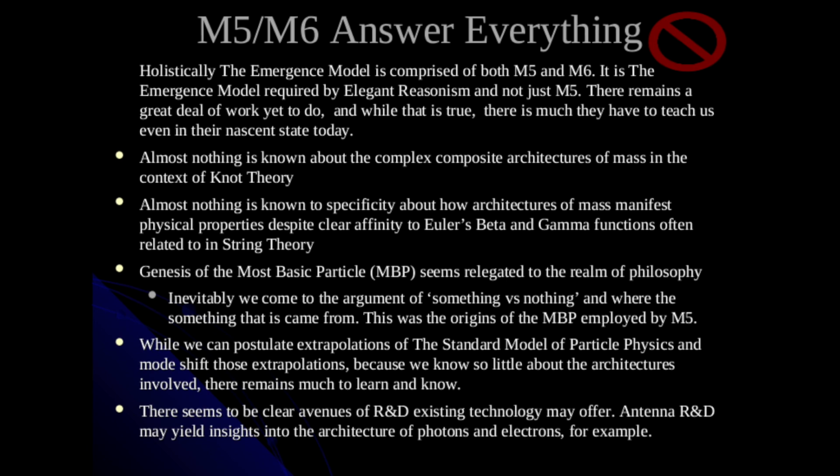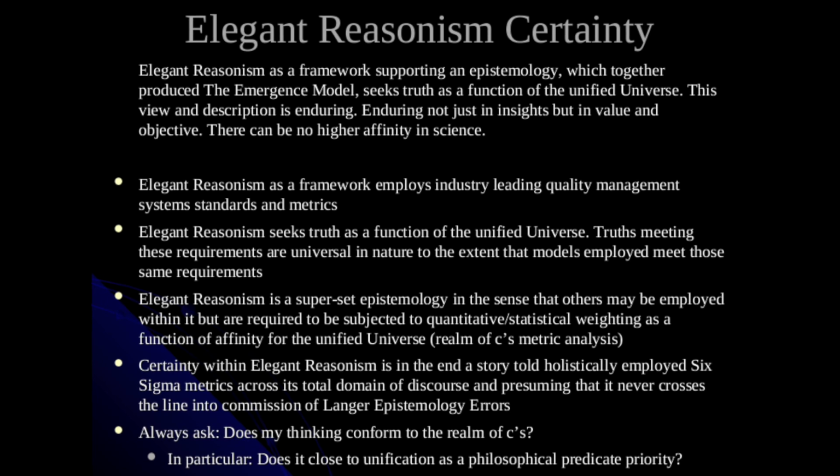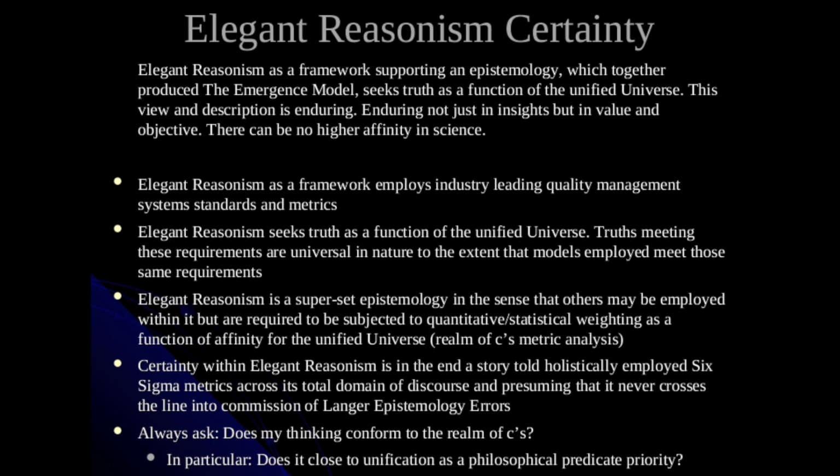So why do we know that elegant reasonism works? I mean, why are we so sure that this is a better way to think than the way everybody else has been thinking for the past 100 years or so? Part of the answer is that it closes to unification.